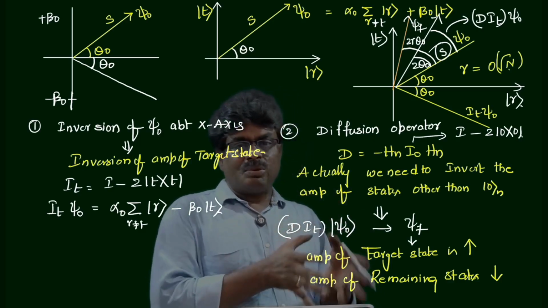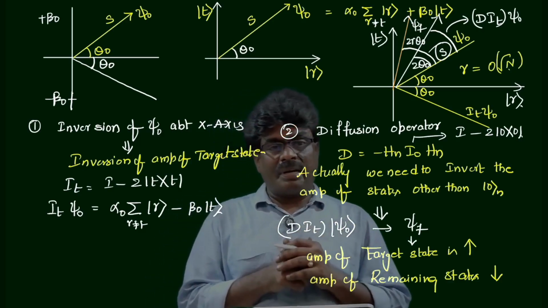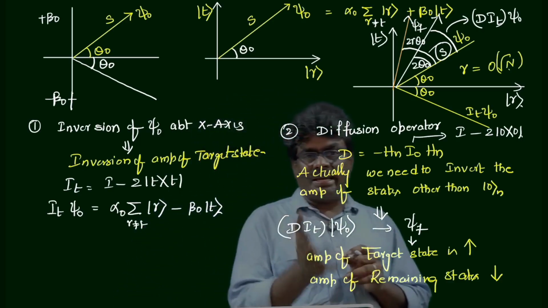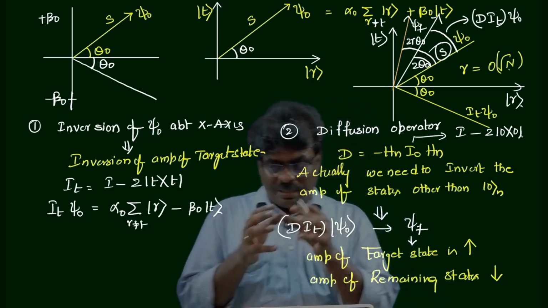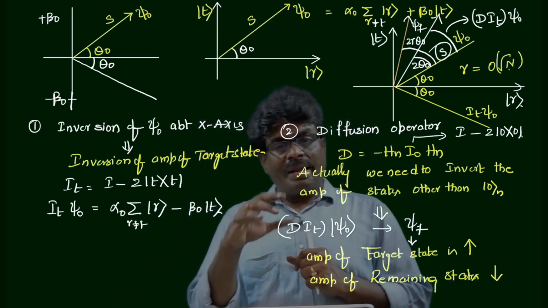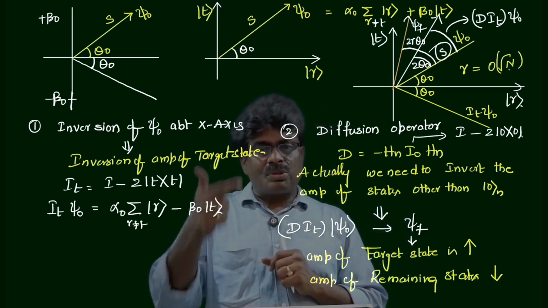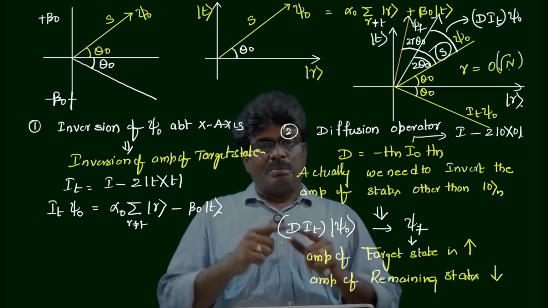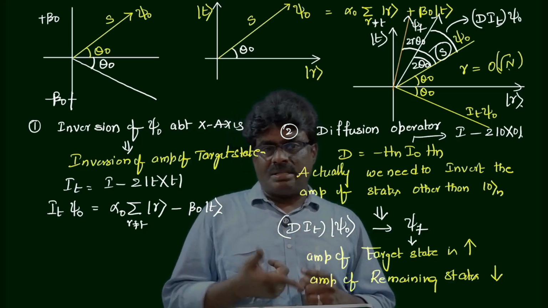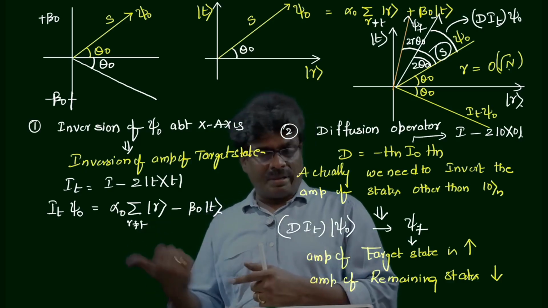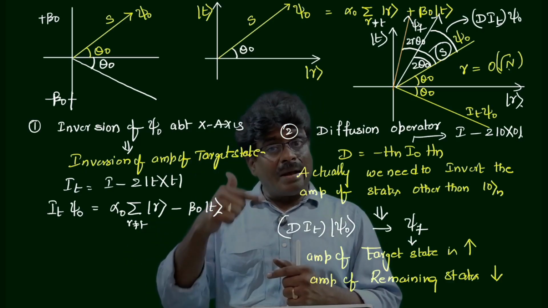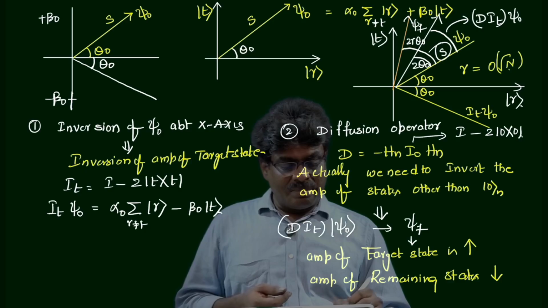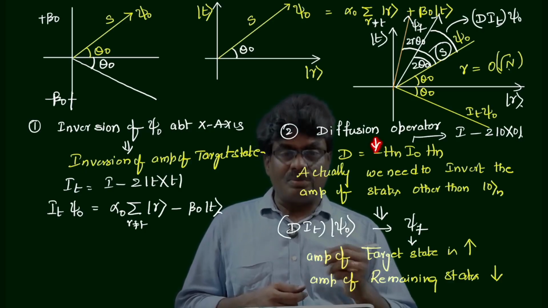The next and most important one is the diffusion operator, mathematically minus Hn I naught Hn. Here we would like to invert the amplitudes of the other states, not the zero state. But the I naught operation, as the oracle, inverts the amplitude of the zero state. To correct that in the algebra, we use an extra minus sign.